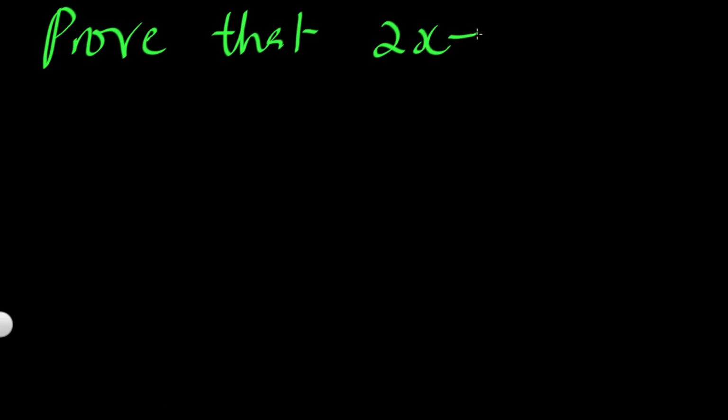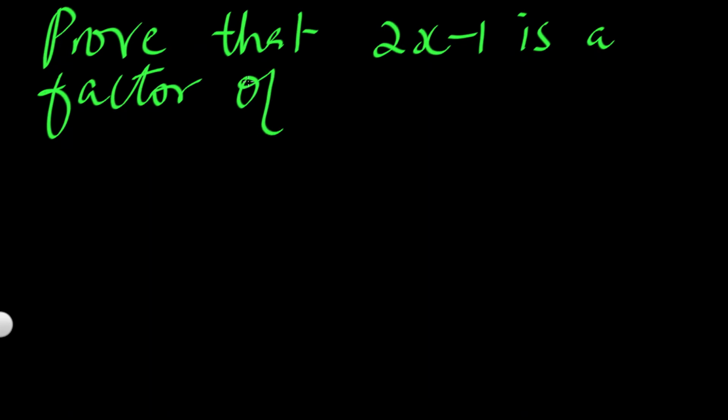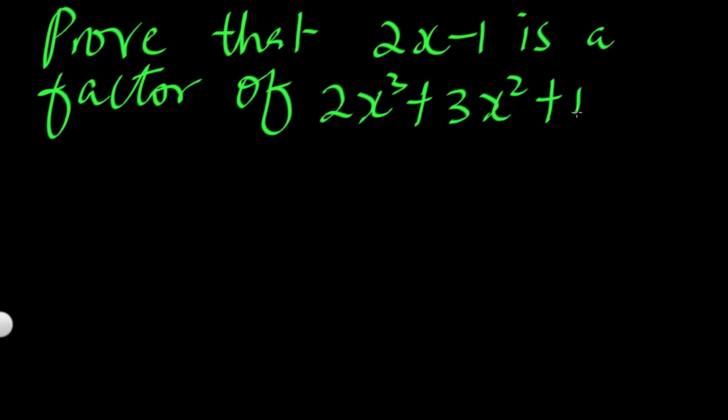Prove that 2x minus 1 is a factor of 2x cubed plus 3x squared plus 10x minus 6.